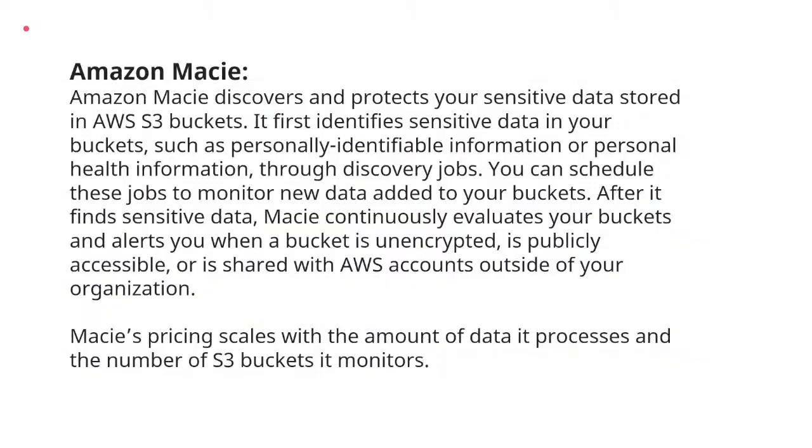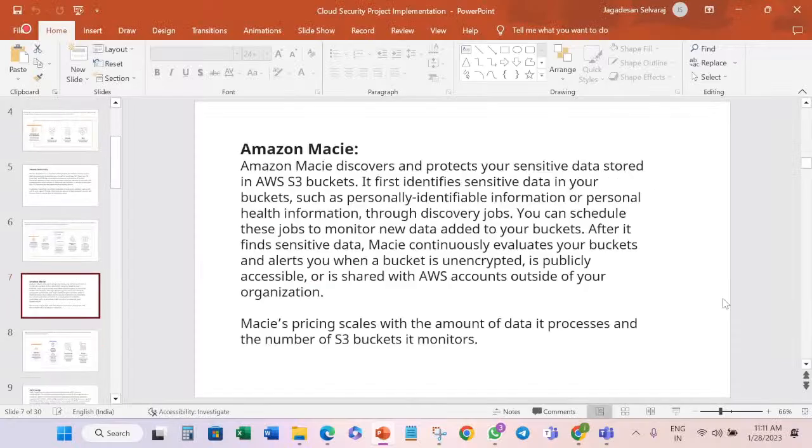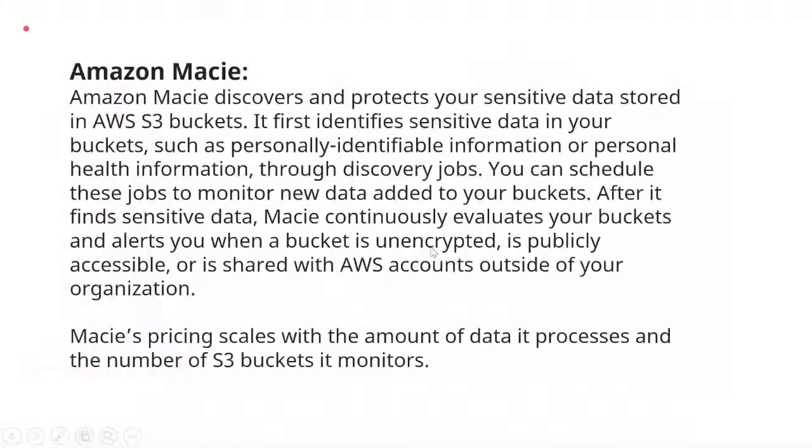So next, Macie is also one of the services running. What is Macie? This is DLP, purely inbuilt DLP, Amazon Macie. You run Macie and it discovers all those logs.